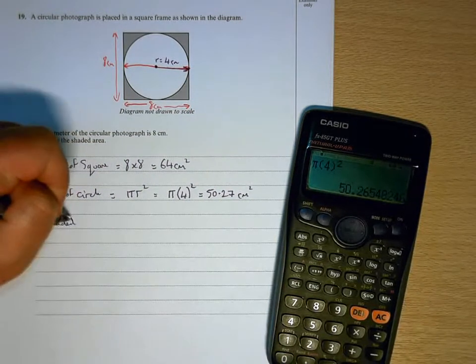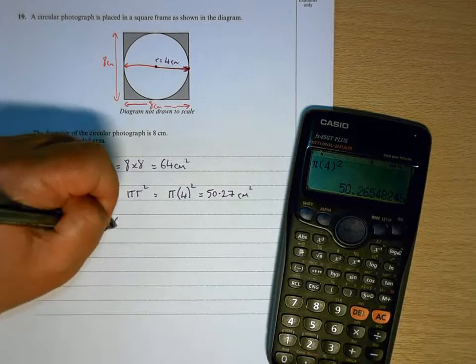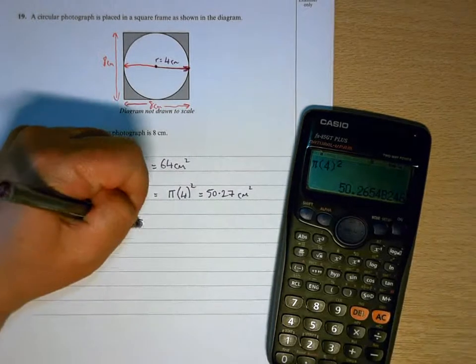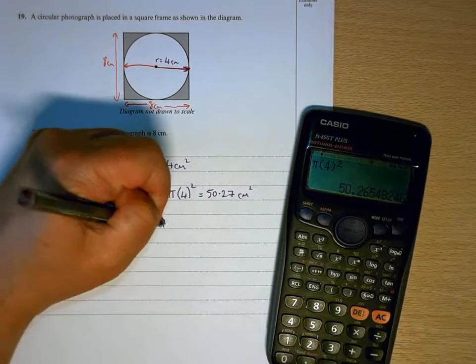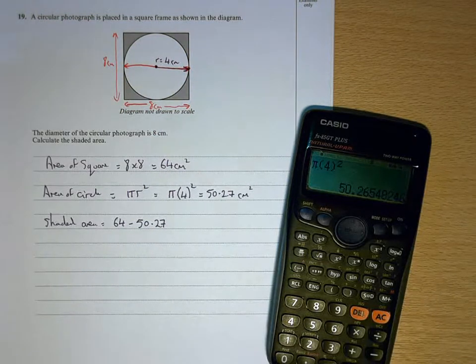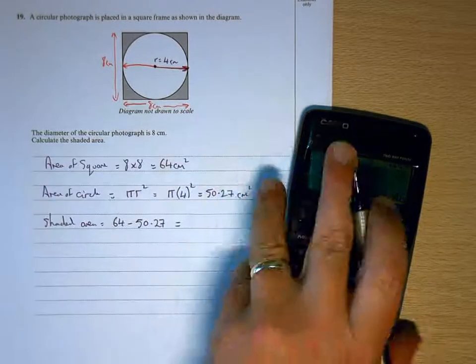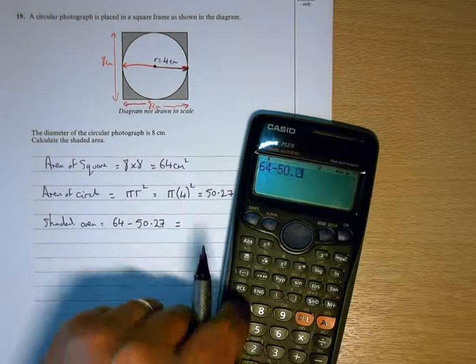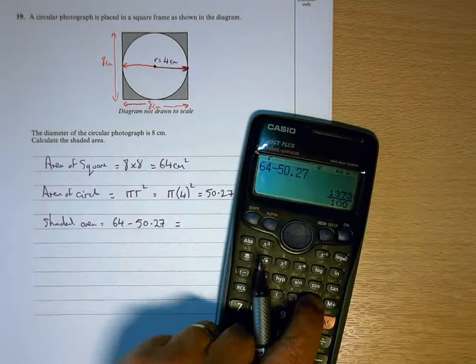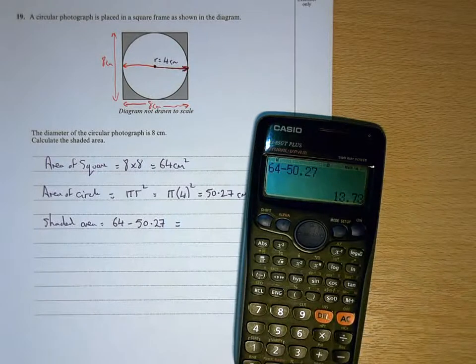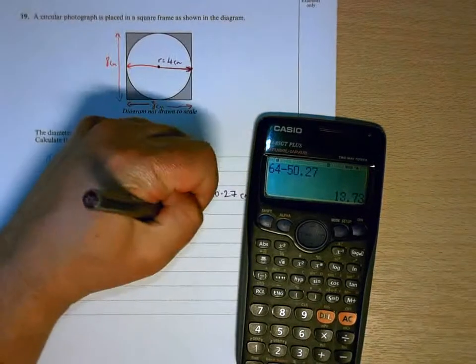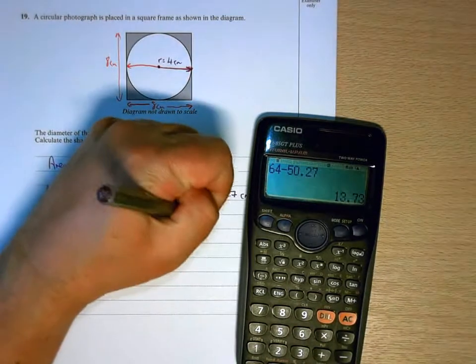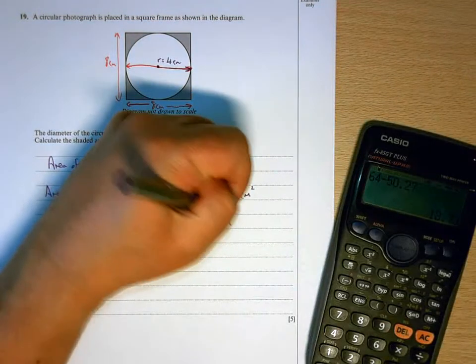So it's going to be 64 less 50.27, which is going to be 13.73 or 13.7 centimeters squared.